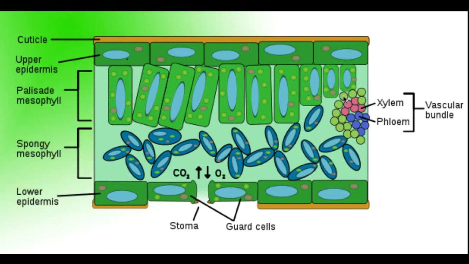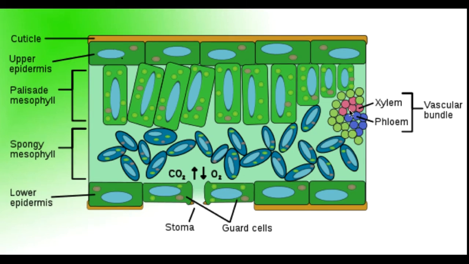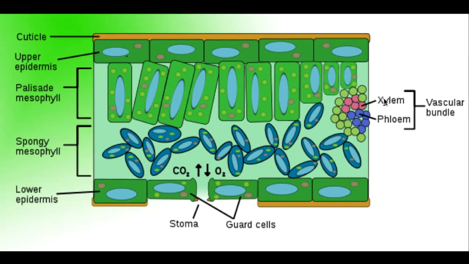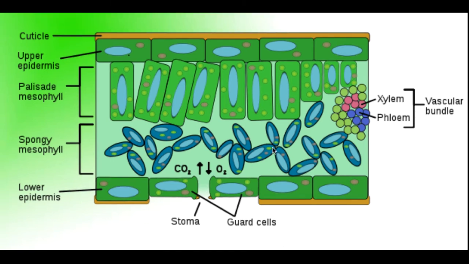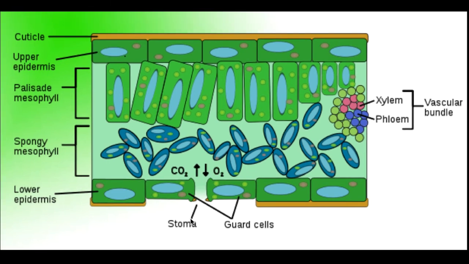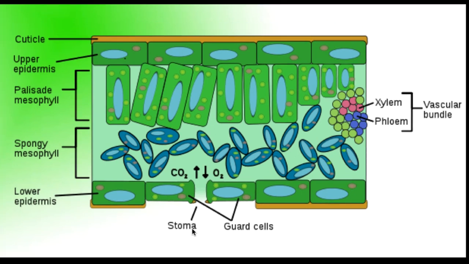Okay, and this is the vein filled with xylem and phloem. Xylem and phloem are arranged in a vascular bundle just like in a stem. Now, look at this part. This is an opening found at the bottom underneath a leaf. This is what we call the stoma. Stoma is the singular form. The plural form is stomata.